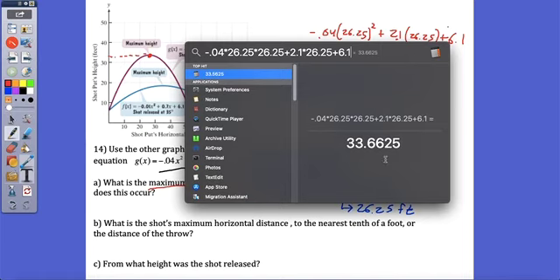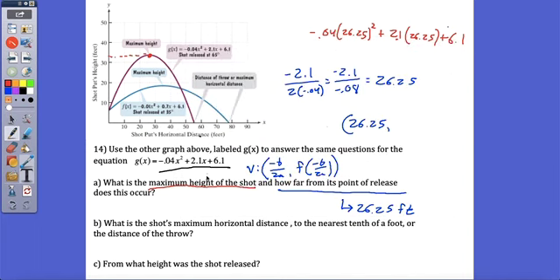So we get 33.625, which is right in the whereabouts of what we were supposed to get. So the maximum height of the shot is 33.625 feet.